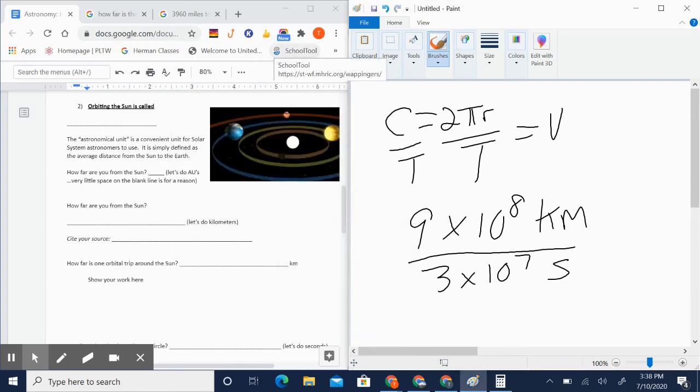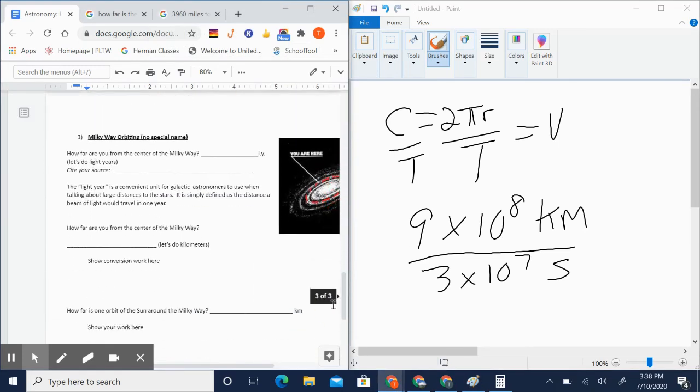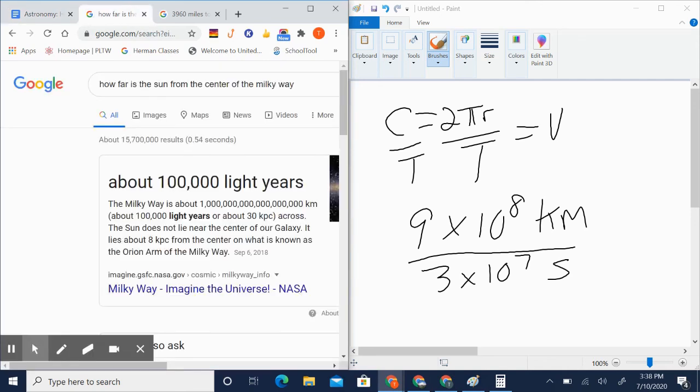Another kind of strange one is that when we get down to the last one, we have to know how far away the sun is from the center of the galaxy in its orbit around the galaxy, finding that circular path. And if they type in how far is the sun from the center of the Milky Way, there's a big old giant number sitting right there, which is the diameter of the Milky Way.